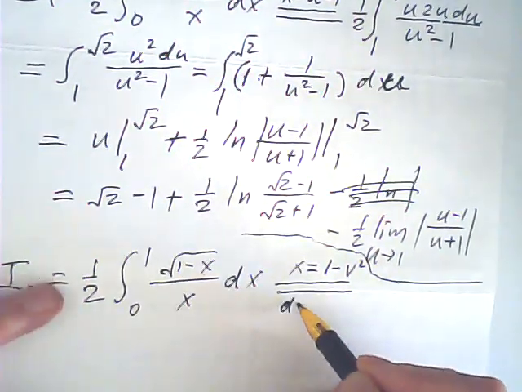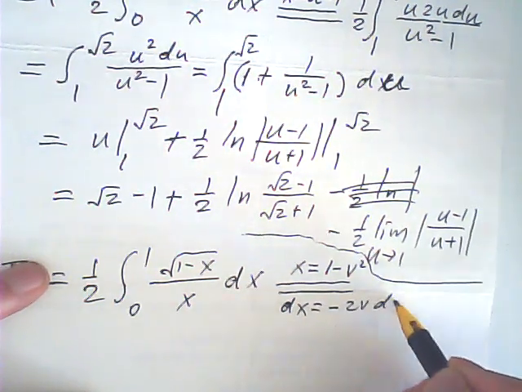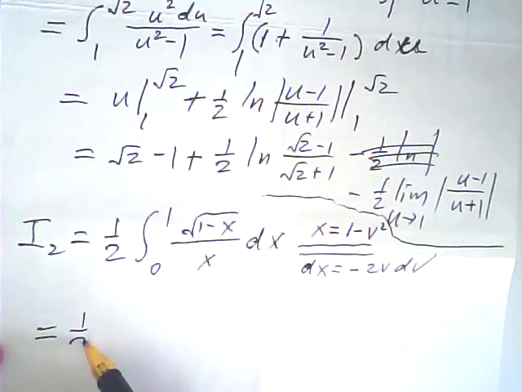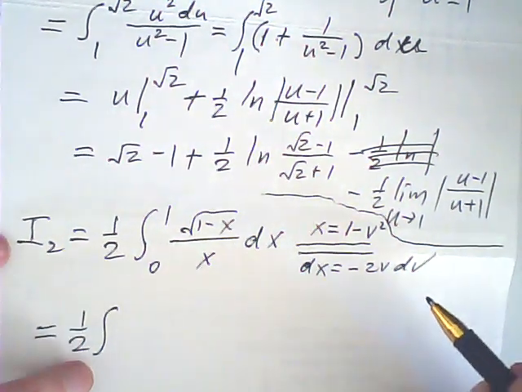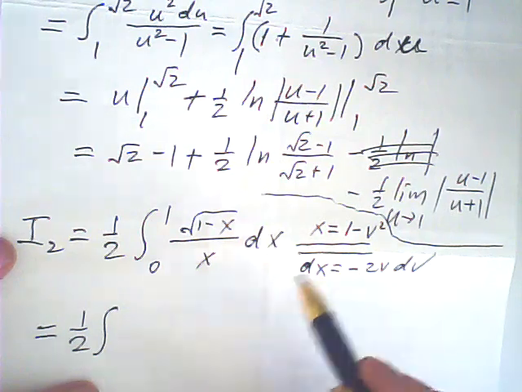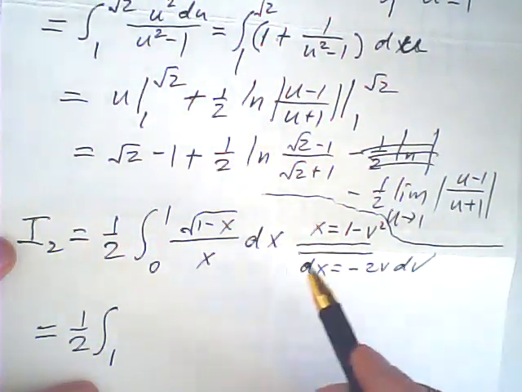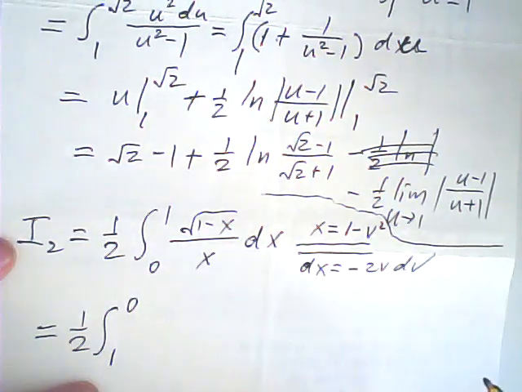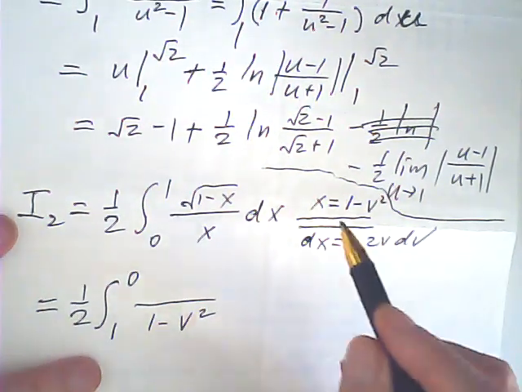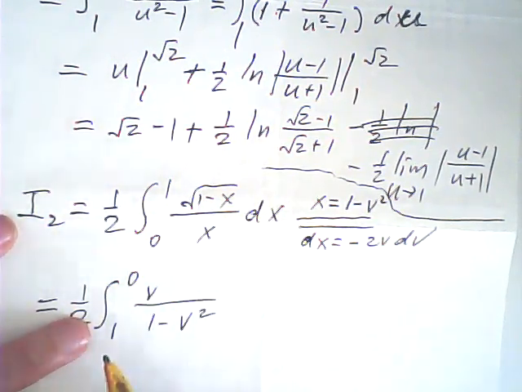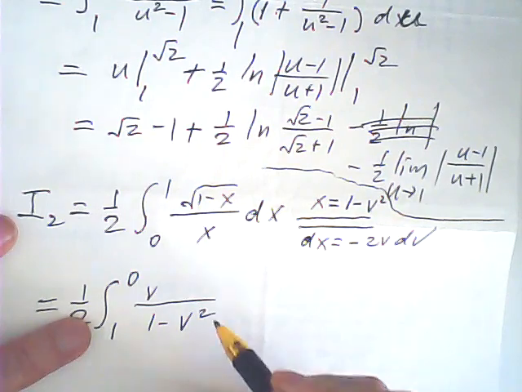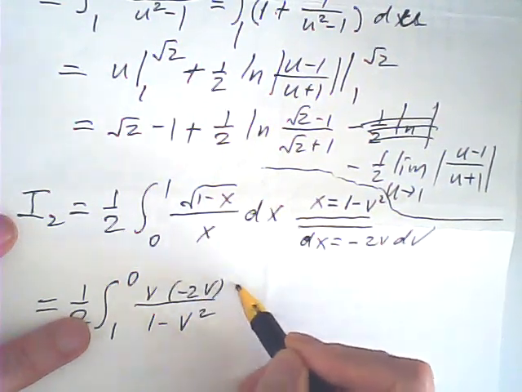So dx is equal to negative 2v dv. So my integral becomes 1/2. When x equals 0, v must be 1. When x equals 1, v is 0. This is 1 minus v squared, and this is v, and then negative 2v dv.